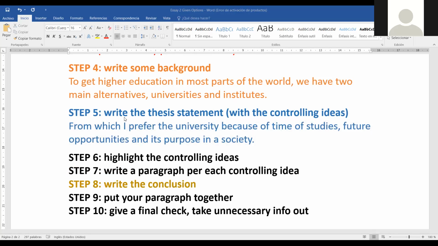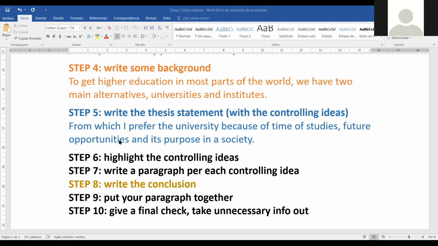When I was studying this kind of course, we devoted, I think, two classes to the formulation of thesis statements. Could you please read this, Luis? From which I prefer the university because of time of studies, future opportunities, and its purpose in society. Remember, always, this statement has your opinion, because in this kind of essay, they are asking for your opinion. So you have to state clearly your opinion, and then mention your reasons.